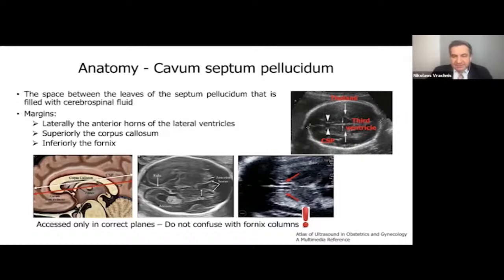The CSP is just above because we can see the continuity of the brain with this line. So we have to move a few millimeters up depending on the gestational age in order to visualize the CSP as shown on the top image.